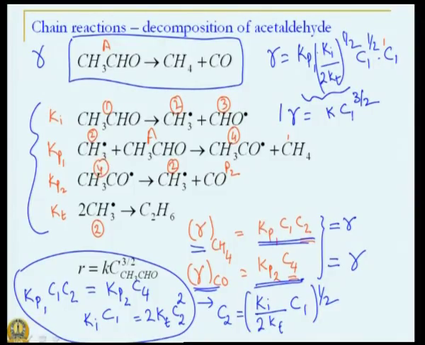This particular example illustrates several aspects. If you go back to our rate expression, we said that the first and third reactions are slower and so on. So, does it mean that their rates or rate constants do not matter? No, it does matter.